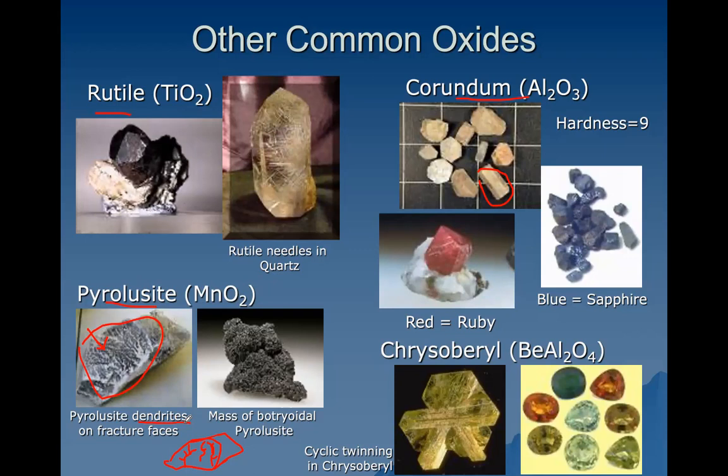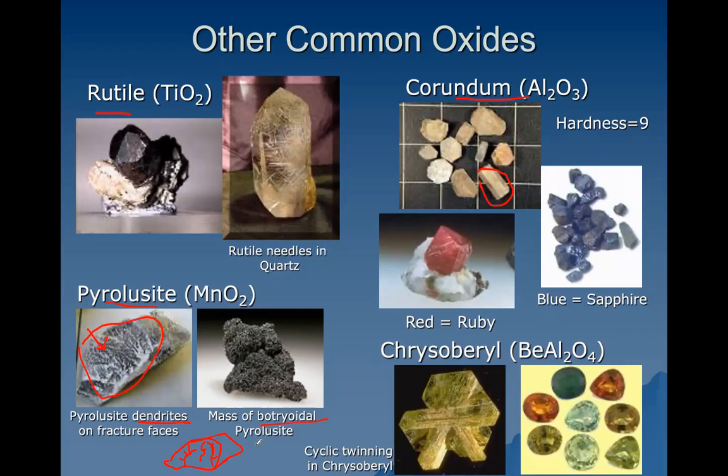And sometimes this pyrolusite grows in three dimensions. We call it botryoidal pyrolusite, right? It's like nodules, like manganese nodules. Manganese nodules, you know, in the sea floor you have this type of manganese nodules.